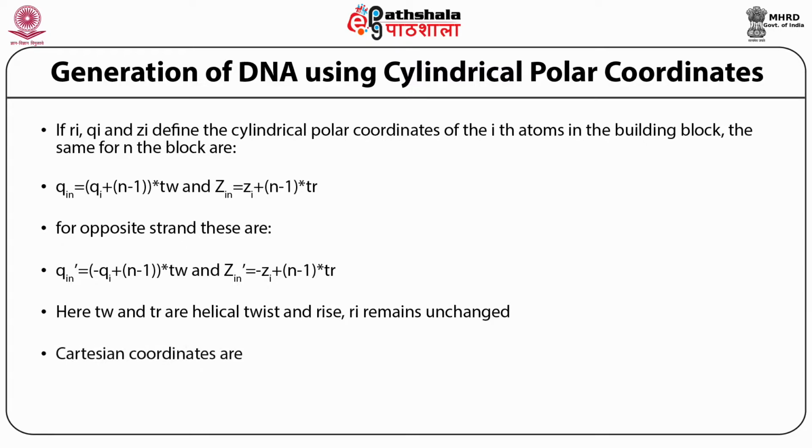The Cartesian coordinate Z is of course calculated by the first two equations, but x and y can be calculated simply by using x_in equal to Ri cos theta_in, and y_in equal to Ri sin theta_in, or theta_in dash if it is the opposite strand, and one can generate any DNA polymer.